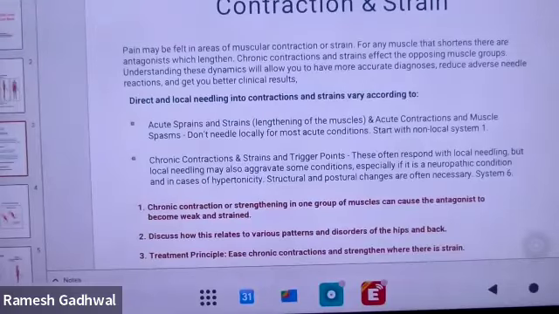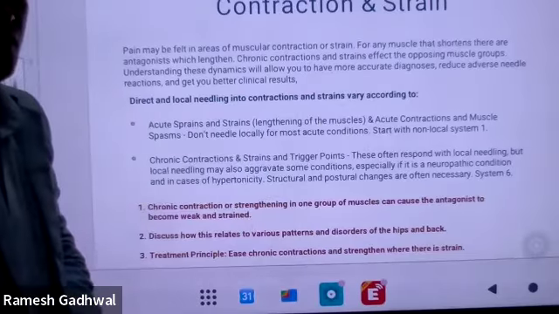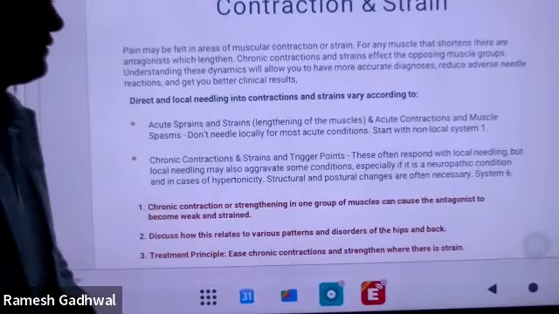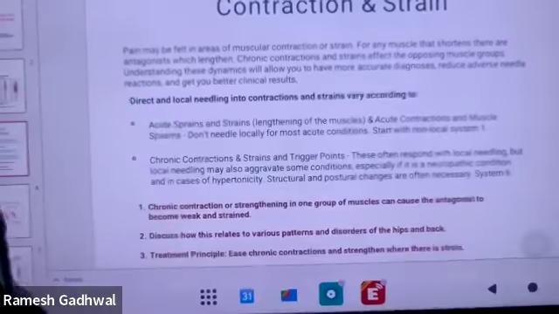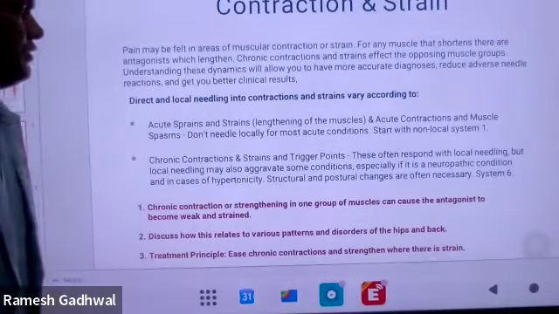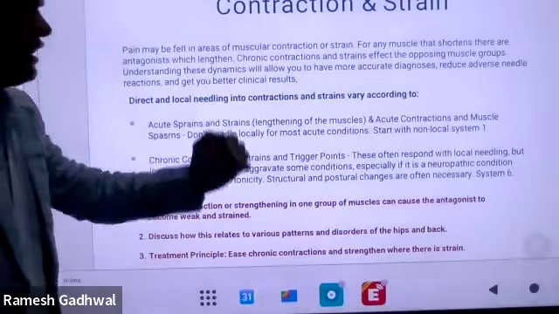Don't needle locally for most acute conditions. Start with non-local, system 1, digital needling. For an acute problem, always do digital needling. Then for chronic contraction and strain, where the pains and conditions are very old, and for all trigger points, you often use and respond to local needling.